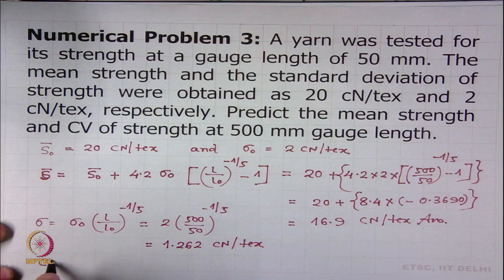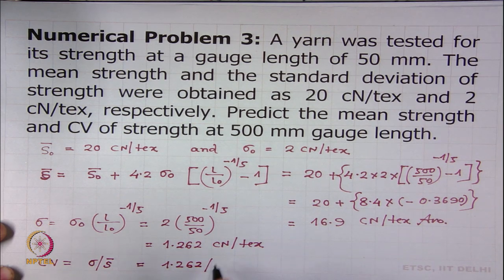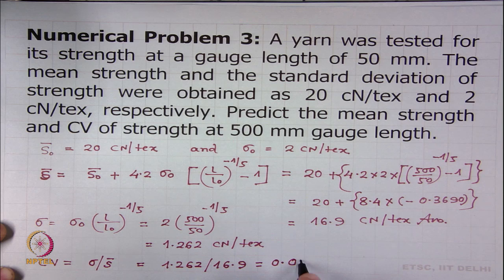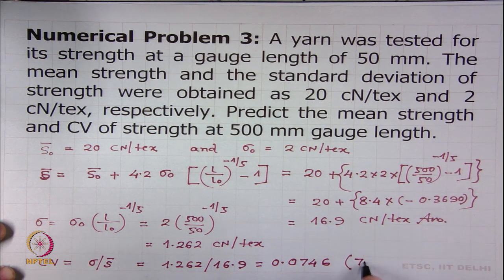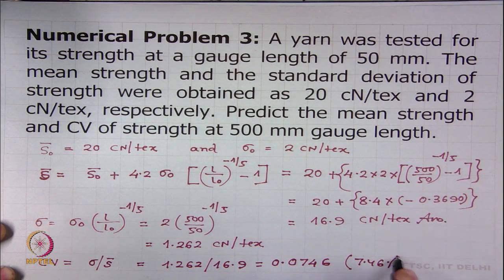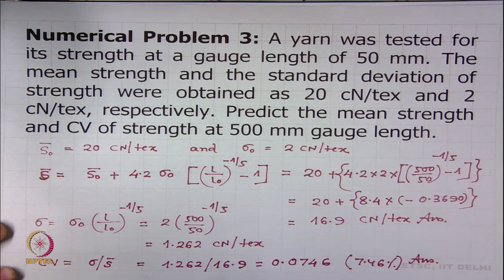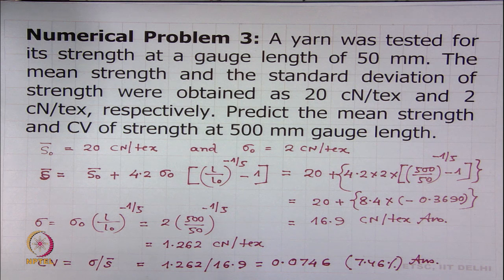So, CV we know is standard deviation by mean, dimensionless. So, 1.262 divided by 16.9, what will be the value? 0.0746. If you would like to express CV in terms of percentage, then it is 7.46%. This is the answer of CV.